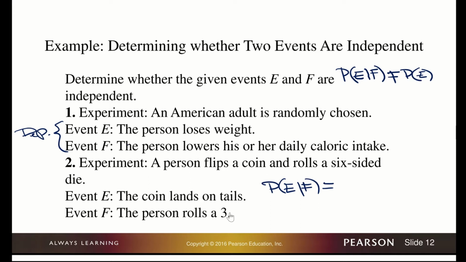Is that going to have any influence whatsoever on which side the coin lands on, heads or tails? It has no influence, right? Therefore, here we say the probability of E given F is the same as the probability of just E by itself. Therefore, these two events are independent.